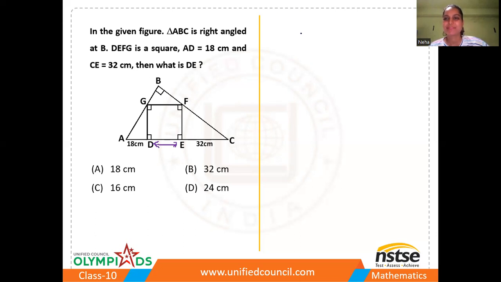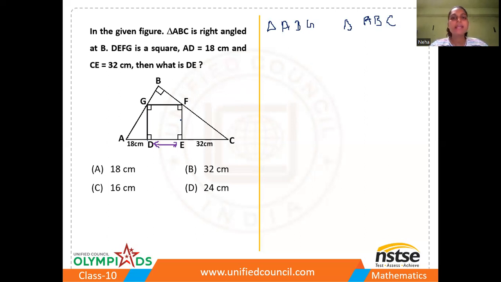Let's start. First of all, I can see triangle ADG and triangle ABC.